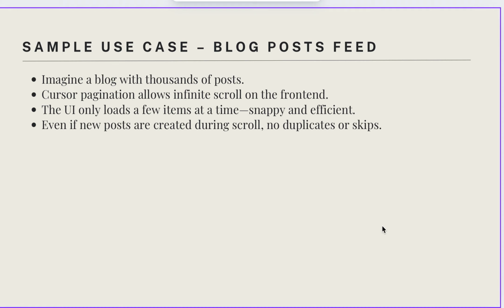Imagine we are building a blog platform with thousands of posts and a mobile front end that uses infinite scroll. Using cursor based pagination, we fetch 10 posts at a time.